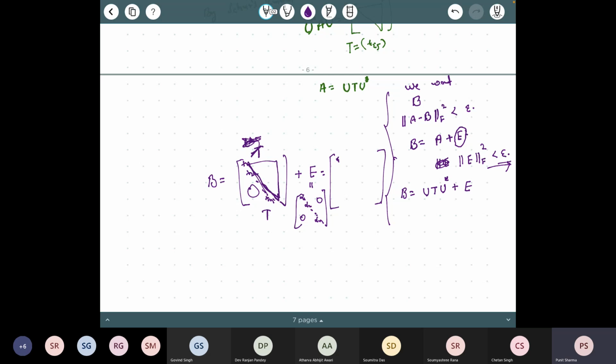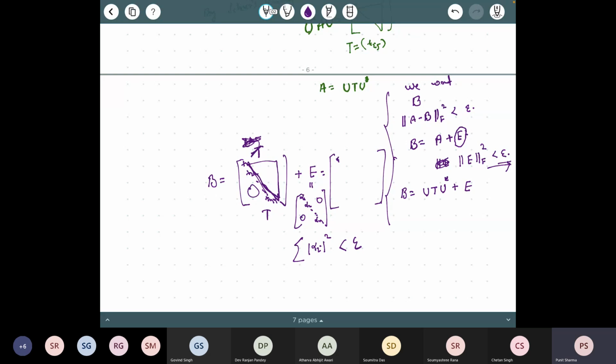The Frobenius norm of E squared would be this sum. While choosing these diagonal entries, can you choose these alpha i's in such a way that this quantity is less than epsilon? Is it possible? Yes, sir. You can always do that. If you can do that, then the job is done.